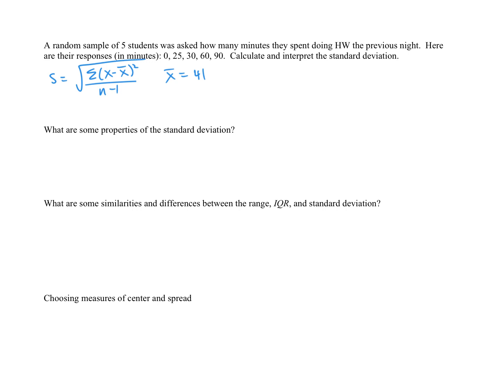Then we have to take each x and subtract the mean. We have x values of 0, 25, 30, 60, and 90. So from all of those we subtract 41.